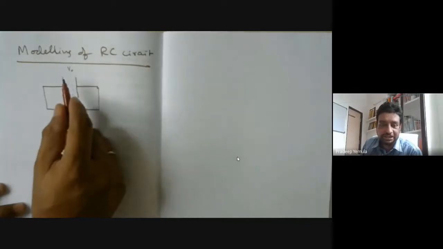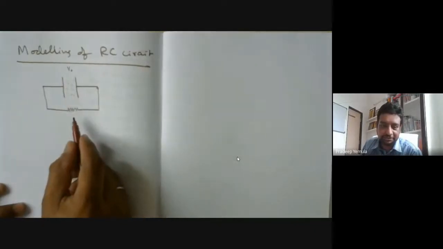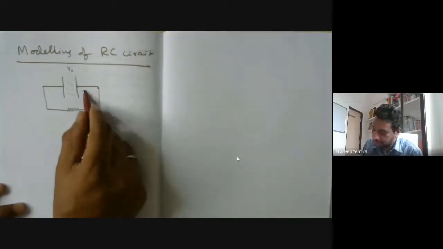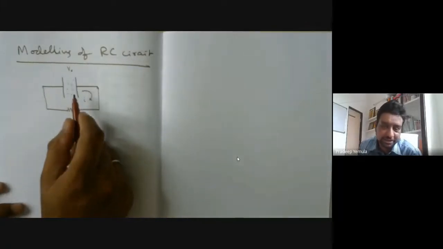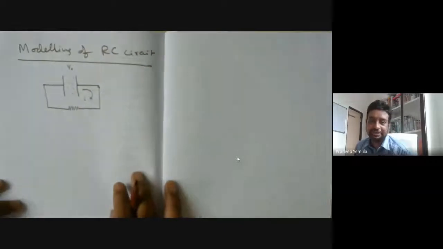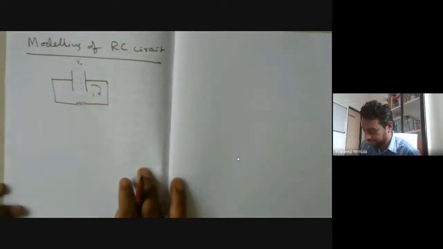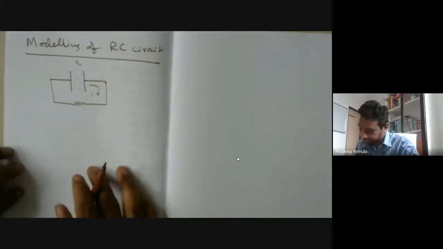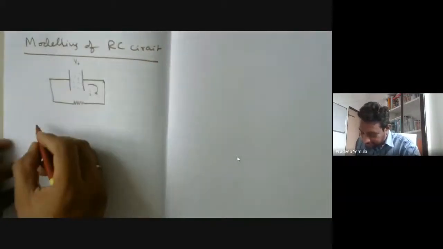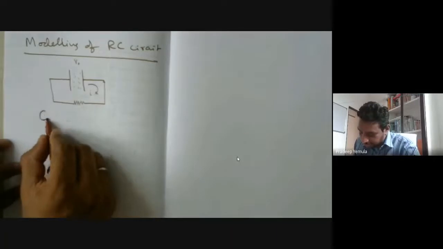So after initially charging the capacitor, it is simply connected to a resistance. Then current will start flowing, and then the capacitor charge will be completely dissipated into the resistance. Okay. Now let's write some equations. You know that for any capacitor, Q equal to CV.